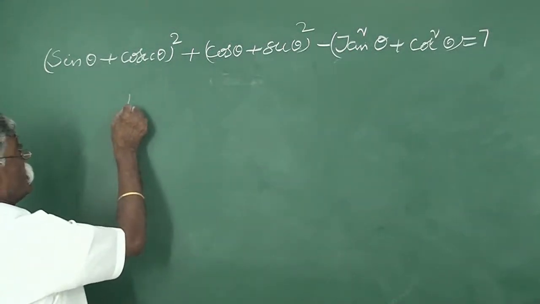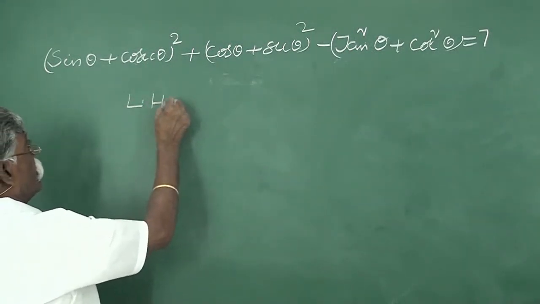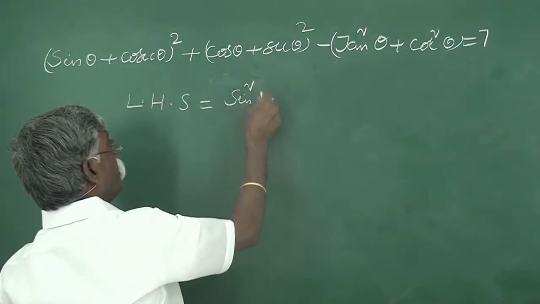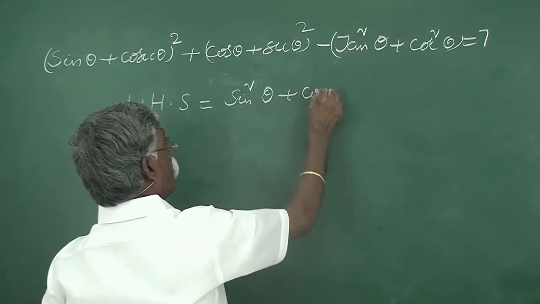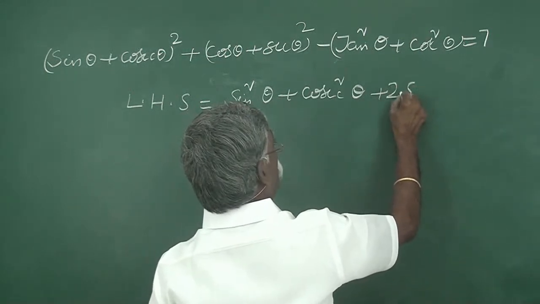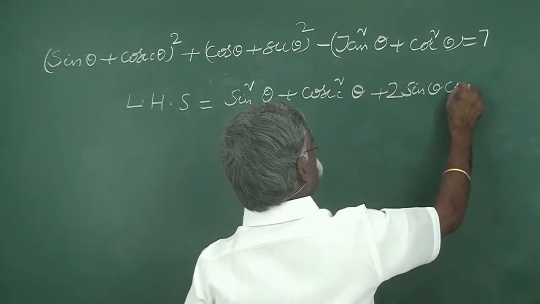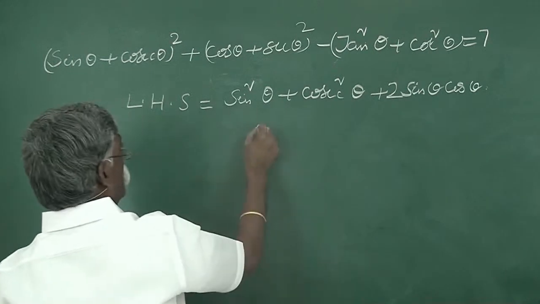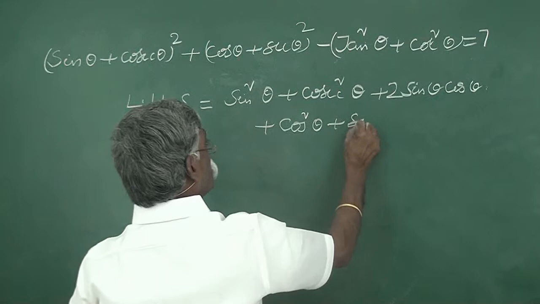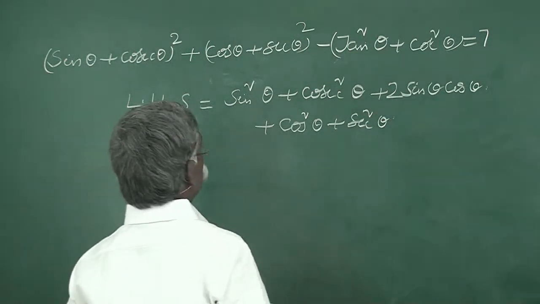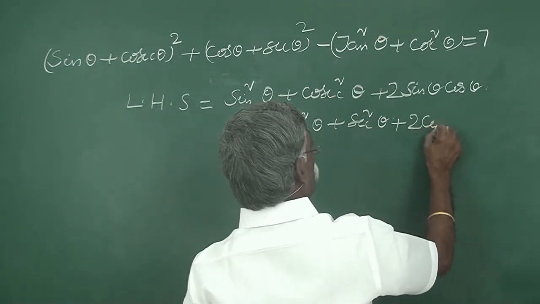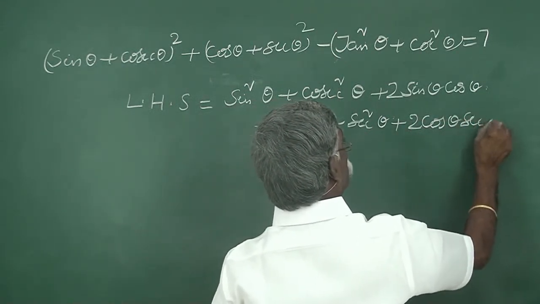Now let us take the LHS. The first one is (a plus b) whole square, means sin square theta plus cosecant square theta plus 2 sin theta into cos theta, plus the second one is cos square theta plus secant square theta plus 2 cos theta secant theta.